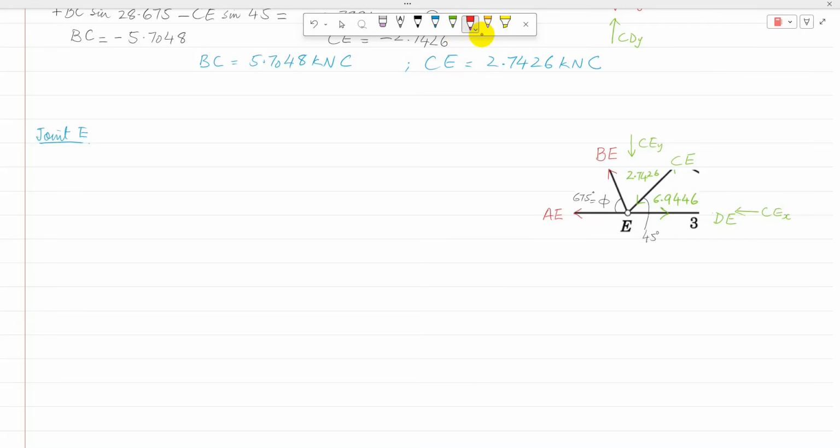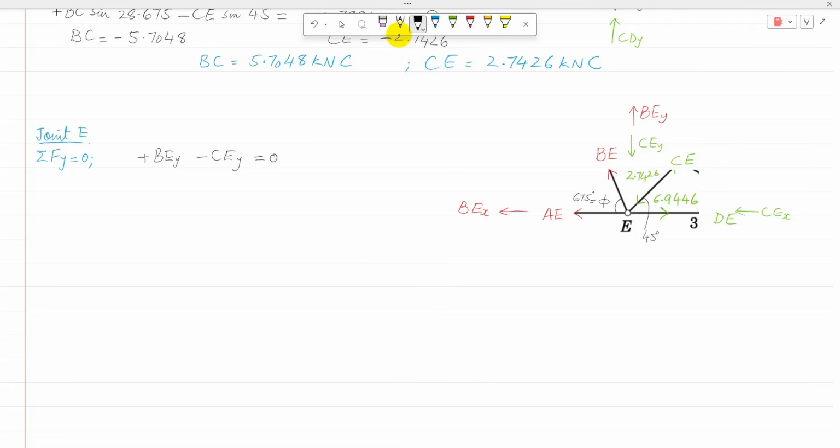So for BE, one component is BEY and the other component is BEX. So now I have only one unknown in the vertical direction. So I'll apply here sigma Fy equal to 0. While applying sigma Fy equal to 0, BE is plus BE because that is upward positive, and then minus CEY, and these are the only two components, is equal to 0.